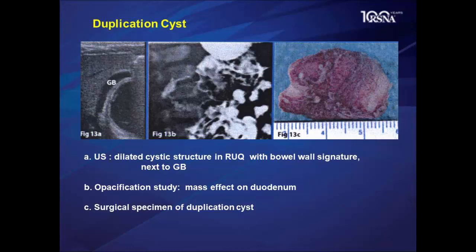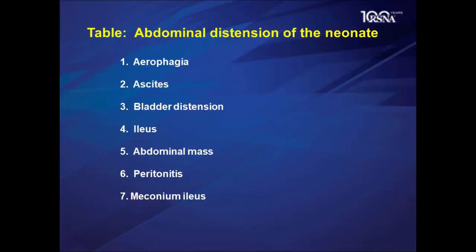Following this vomiting clinical scenario, now let's turn to the issue of abdominal distension of the newborn. And actually, many causes of abdominal distension. We cite too much air, fluid in the peritoneal cavity, bladder distension, then we have the GI tract, not forgetting visceral mass or visceromegaly, and then pathology in the peritoneum.